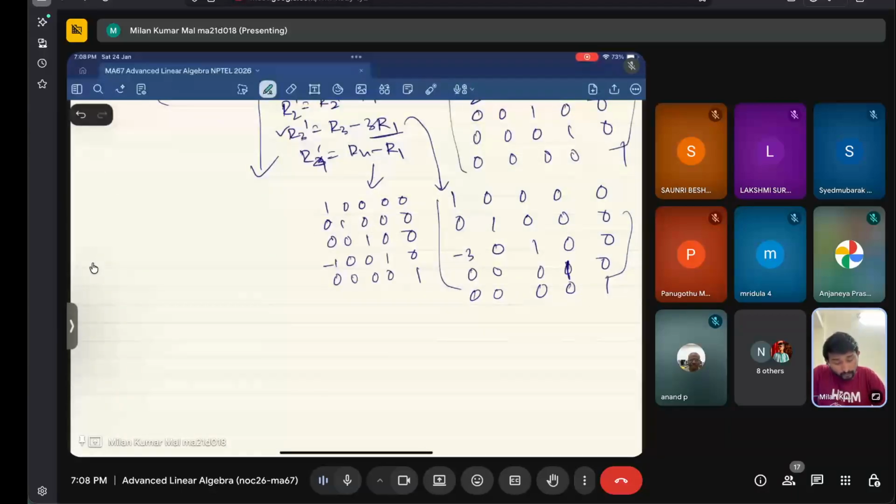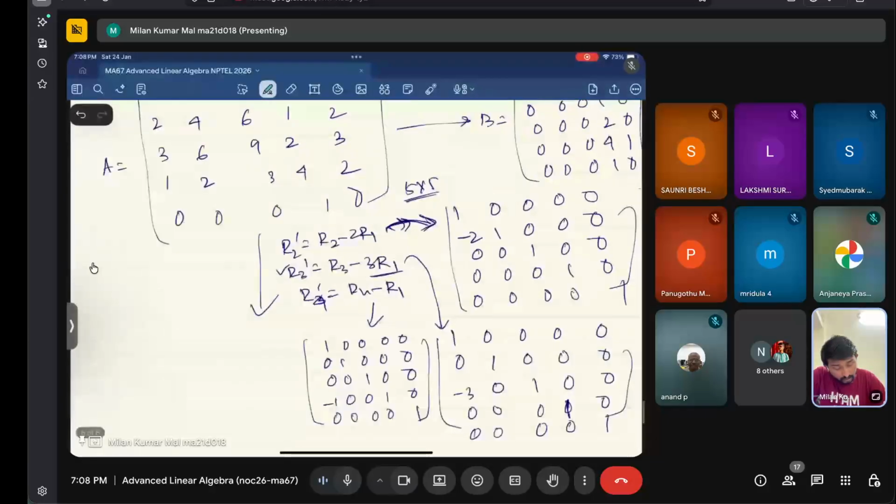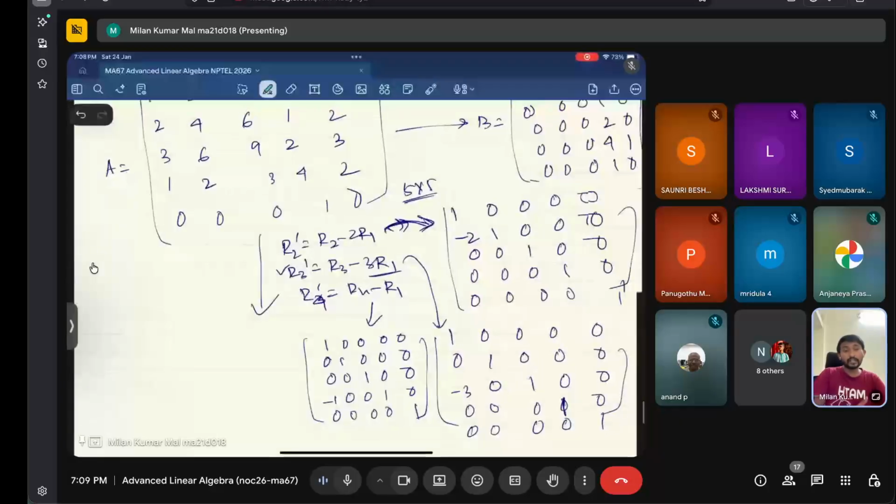After doing this row reduction, what will I get? The first row will be as it is. These are the matrices in the elementary row operations which have to multiply on the left hand side so that we get the resultant matrix.